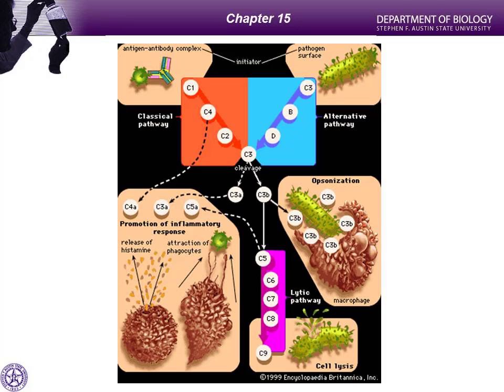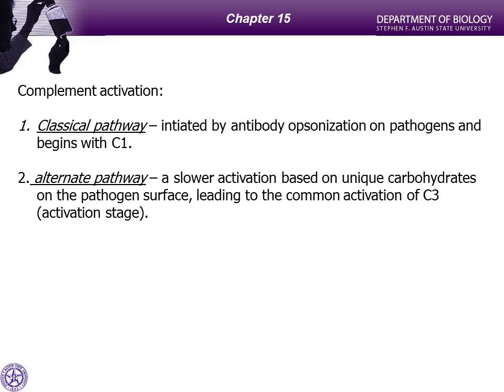So while the classical pathway starts because of antibody opsonization, we have that right-hand pathway. It's referred to as the alternate pathway. And it's going to begin when you have unique carbohydrates. Some would call them xenobiotics, foreign materials. So some bacteria have unique carbohydrates that our body doesn't recognize and our body doesn't produce.